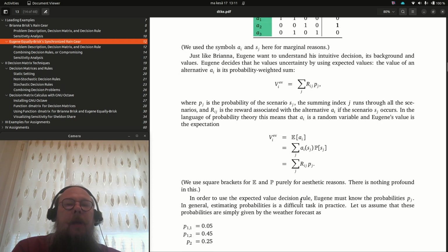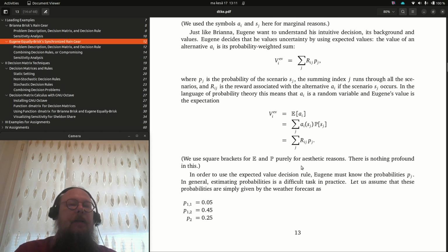Okay, now to use this rule we need the probabilities Pj, and in practice in many situations it is very difficult to find out what the probabilities are in different cases.